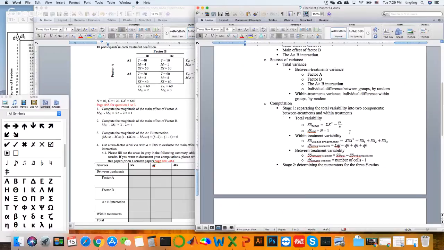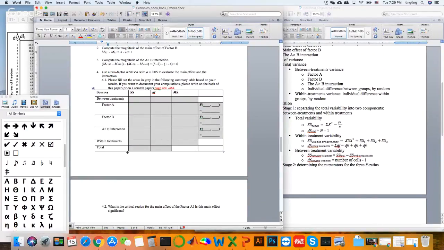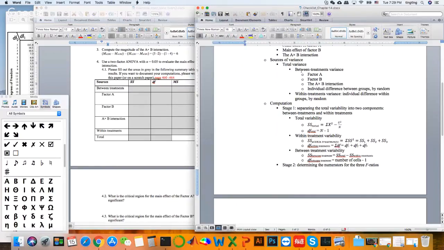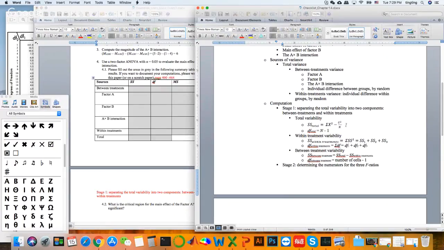We also have the formula here. Give me some space. Stage 1, right? Separate the total variability into two components: between treatments and within treatments. So let's do it.